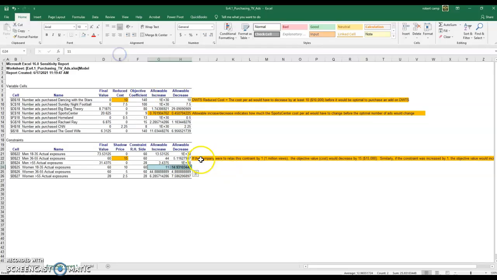A little lighter there. Okay, and so what is this? Well, this just shows the allowable increase and decrease in women actual exposures from 18 to 35 before that shadow price would change.